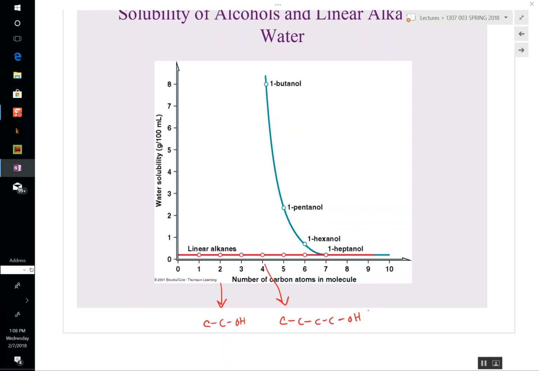You can have infinite amounts of these alcohols in water, so there's no limit to it. It goes up asymptotically. 4 carbons, 5 carbons, a little over 2, 6 carbons, about 1, 7 carbons is the same as heptane. So hexanol has the same solubility as heptane. And 1-heptanol is not heptane, so how do I say that?